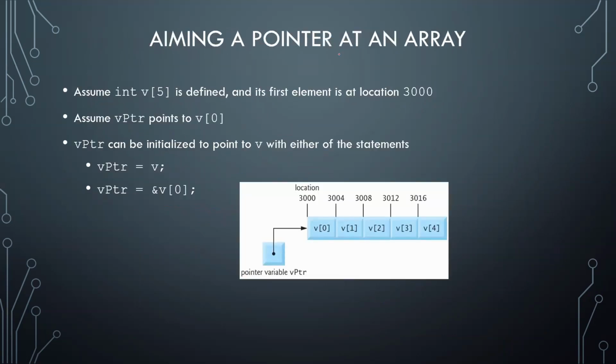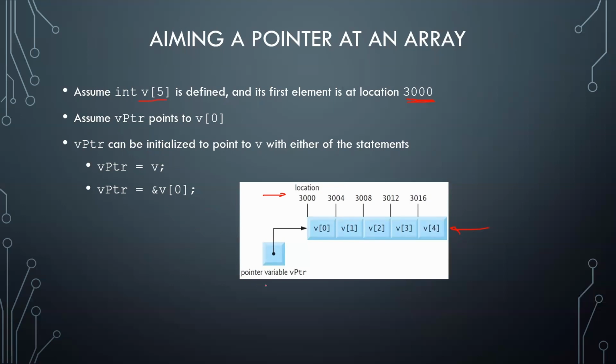So, aiming a pointer at an array. Now we're combining our understanding of the pointer variable with our understanding of arrays. Let's assume V is defined and the first element location is at memory location 3000. Up here we've got memory, and here we've got the indices and the variable name.